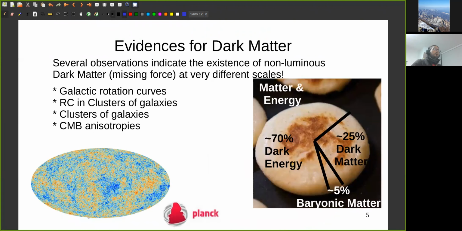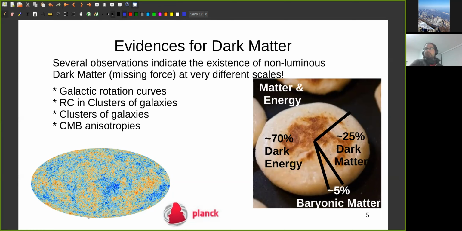That's the map from Planck, from the CMB inhomogeneities. And there's a lot of information that can be extracted. In particular, we can know the distribution of the total matter and energy density in the universe.